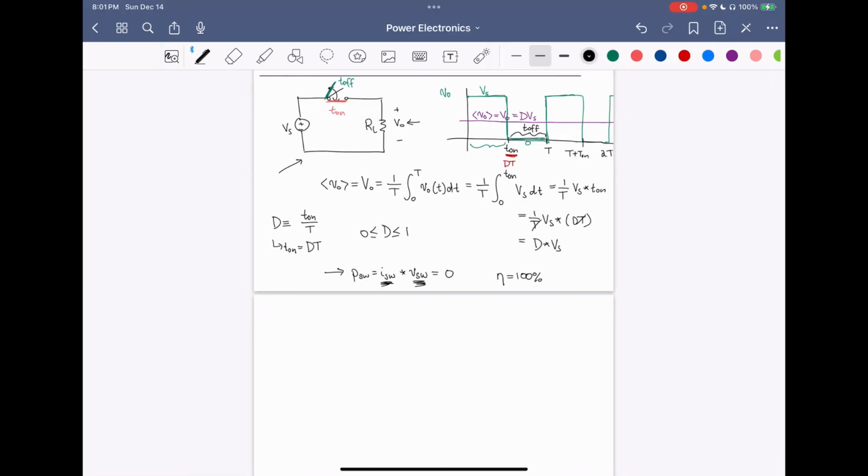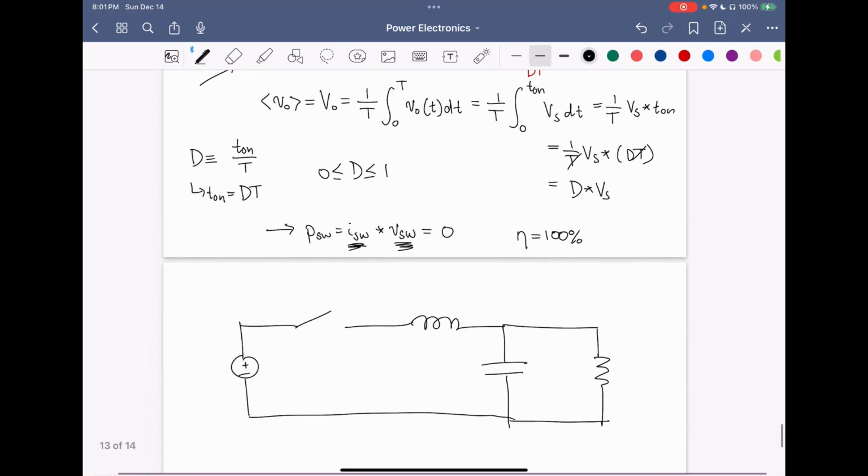A very basic low pass filter is the LC filter. So we can add across this switch an LC filter, and the goal of the LC filter is to only retain the DC component.